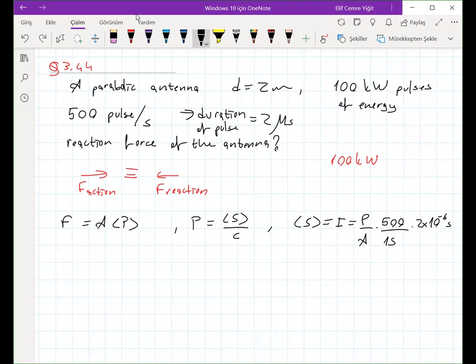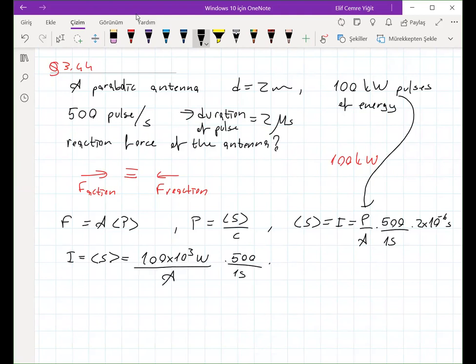And this is the power. If I substitute everything, the power, the area, etc., I will find I equals S average equals 100 times 10 to the 3 watts times 500 pulses per second times, actually let's write the area in here. They will cancel out, so I will not find the area, times 2 times 10 to the minus 6 seconds.